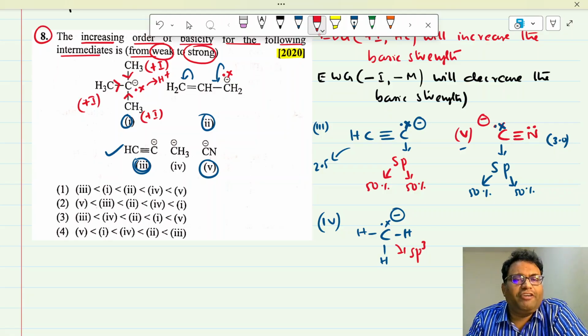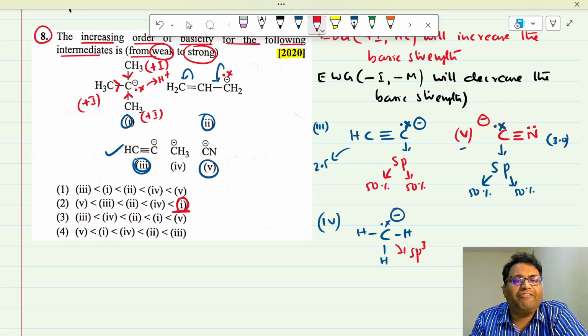Now, comparatively, no doubt about it, first molecule is having highest basic strength. Highest basic strength is possessed by the first molecule, because there are 3 plus I groups. Due to these 3 plus I groups, the availability of electrons is more on the carbon, and that carbon can donate the pair of electrons to H plus, so that it is more basic. And among these 4 options, the highest is possessed by 1 in only second option.